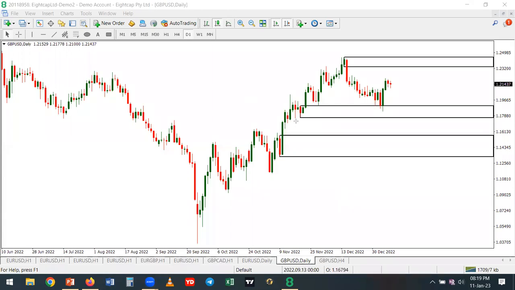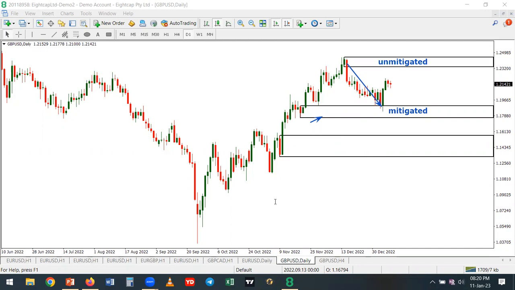Now, for this particular order block here, price has returned back to it. So this is a mitigated order block. But for this particular one above, the one above it here is still unmitigated because price has not returned to it. So since price has not returned to this order block, it is still unmitigated.